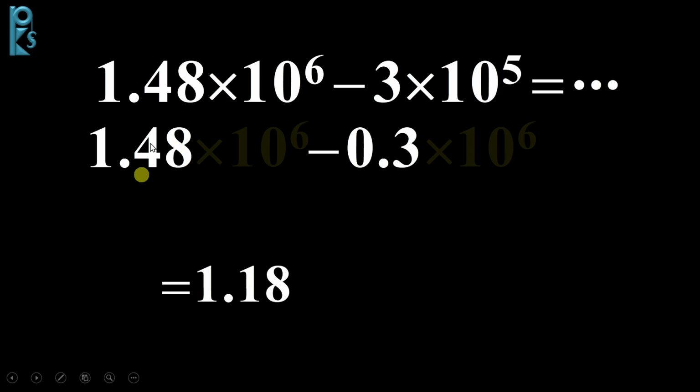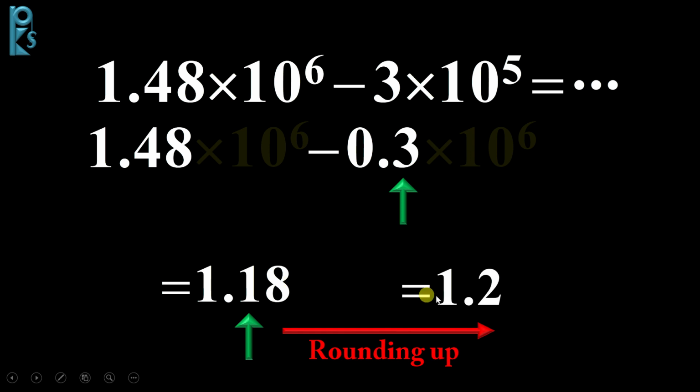But the first term has the last right digit in the number place of hundredths. The second one has the last right digit in the number place of tenths. The answer must have the last right digit in the number place of tenths. So I should apply the rounding rule. As 8 is greater than 5, it's rounded up. And so the answer is 1.2.